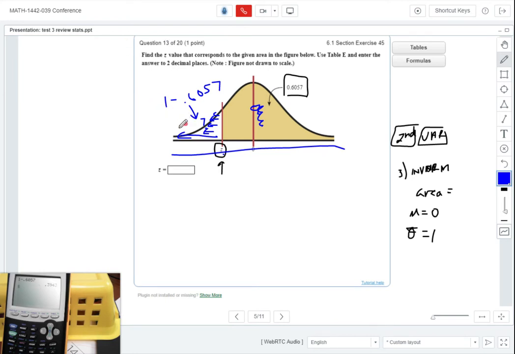So this area is 0.3943. So that's what I'm going to type into my calculator.